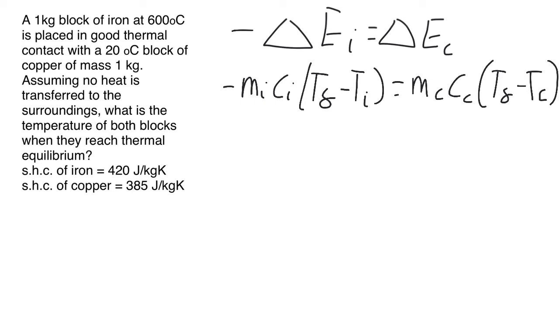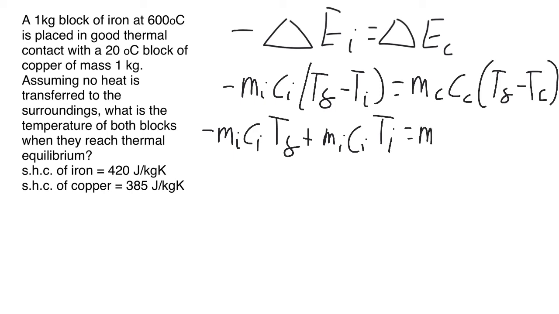I now multiply out my brackets and I get minus Mi Ci Tf plus, because I have a minus and a minus, Mi Ci Ti equals Mc Cc Tf minus Mc Cc Tc.